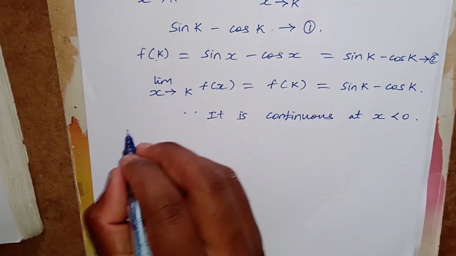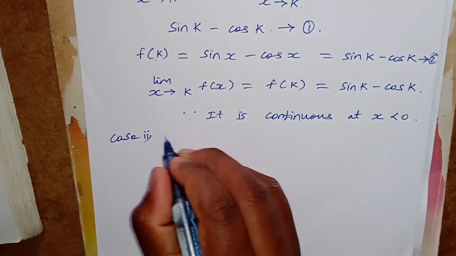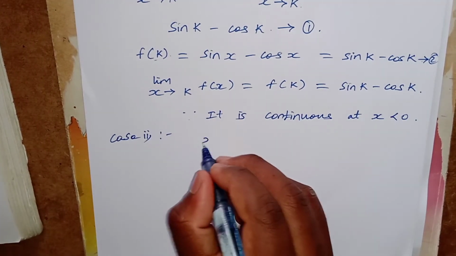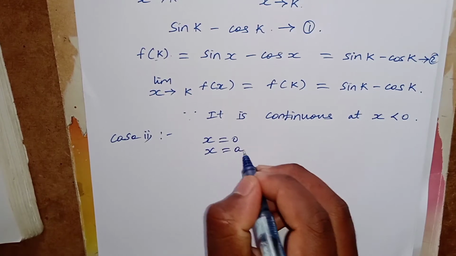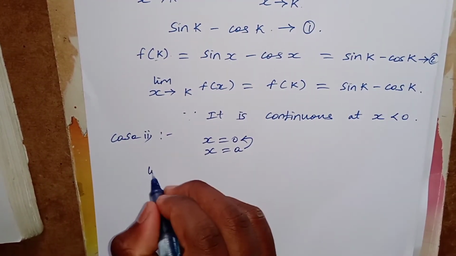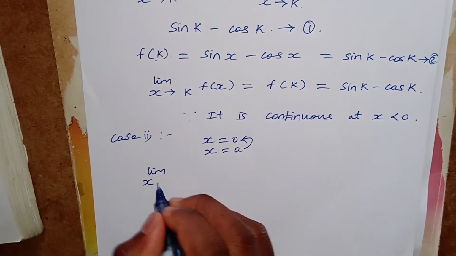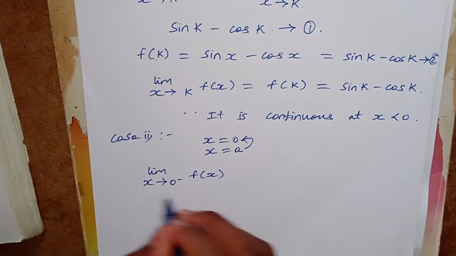Case 2, here we have to take the point x equal to 0. Therefore x is equal to a, and here a is nothing but 0. Therefore limit x tends to 0 minus of f of x, this is my left hand limit.